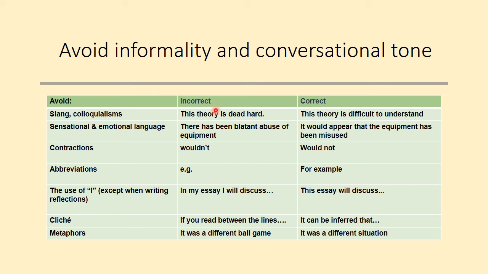We don't use these sorts of clichés. We don't use informal language that we would use to talk to our friends. We try to cut down on abbreviations if we can, and of course we all know that we do not use the first person in our scientific writing. The evidence suggests, not "I suggest".